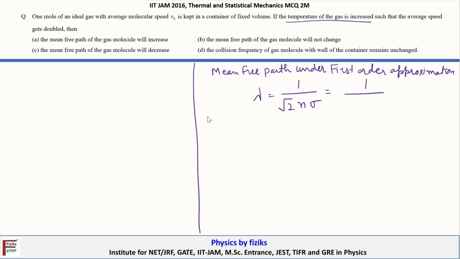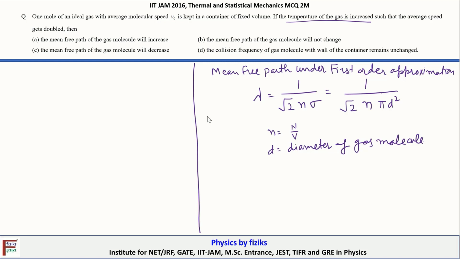Here n is the number density, so n equals N by V, and the expression becomes 1 over root 2 n pi d squared. Note that d is the diameter of the gas molecule here.